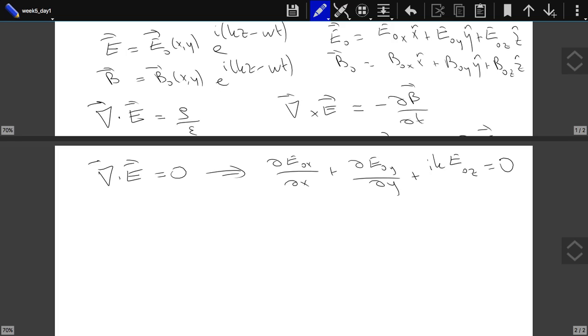You see, E0x, E0y, and E0z only depend on x and y. They do not depend on z. So the z derivative only acts on the exponent, not on E0z, and when you take the derivative of the exponent with respect to z, it just brings this factor ik. So this is one equation that E0x, E0y, and E0z should satisfy.